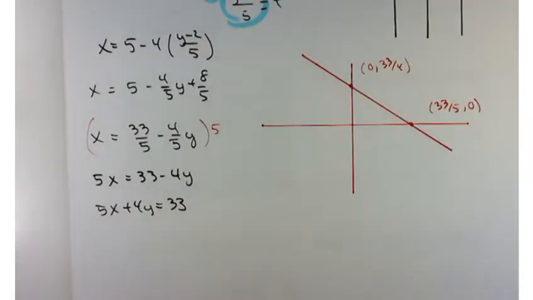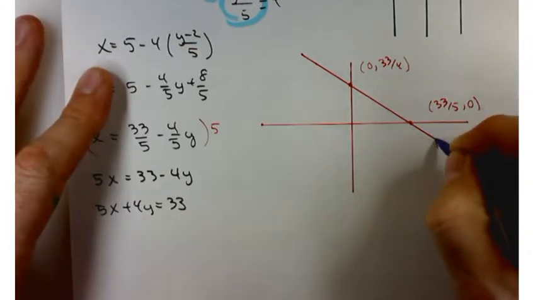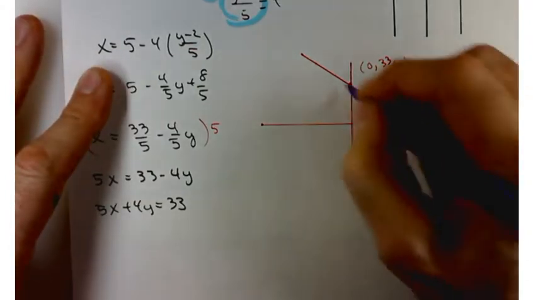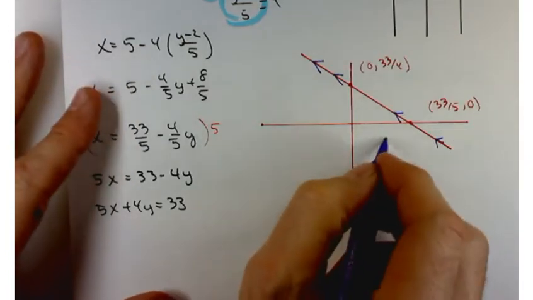But the orientation is the way that this curve is traced out. So as t increases, it gets traced out in this direction. Like I said, that's its orientation.